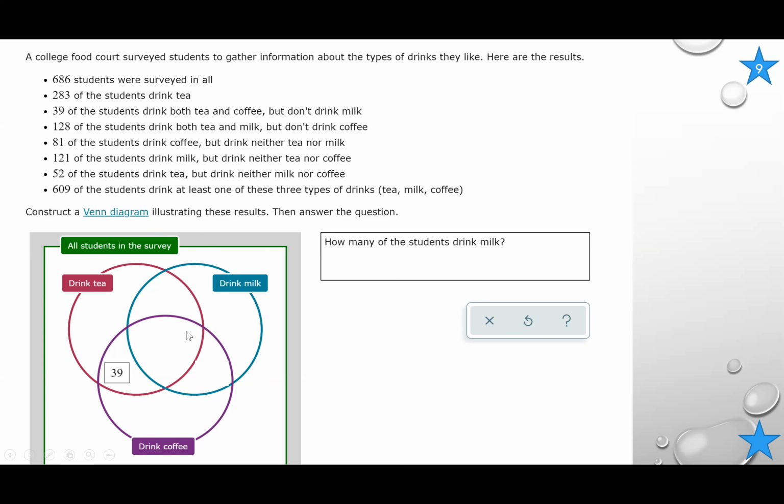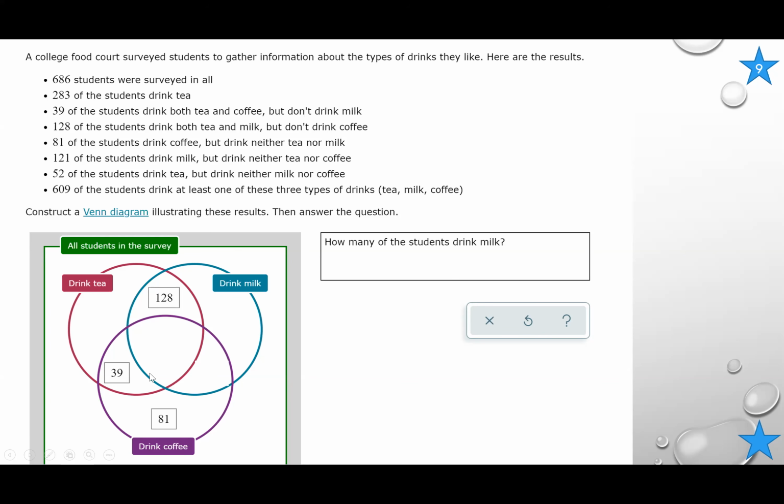Tea and milk, do you agree that tea and milk is somewhere here, but not coffee, which is tea and milk is 128? Agree? And drink coffee, but neither tea nor milk. We can use that number.